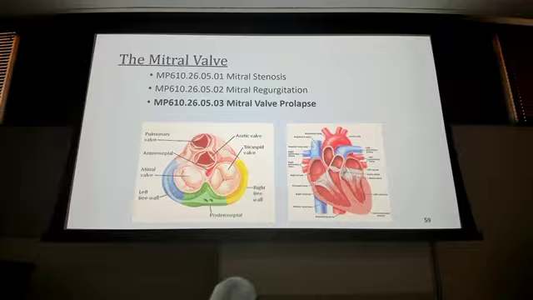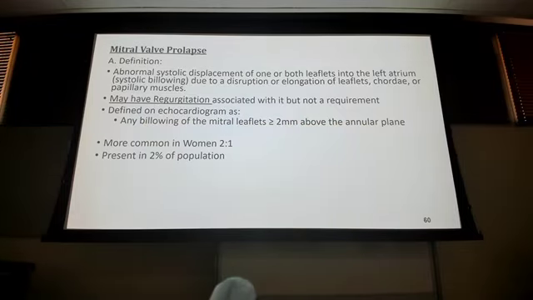Because when we look at what the definition of mitral valve prolapse is, it's really just an excessive backwards movement of the mitral valve. And particularly, you have at least a 2 millimeter kind of ballooning backwards into the atria. That ballooning, that increased stretchiness, may not lead to an opening of the valve.